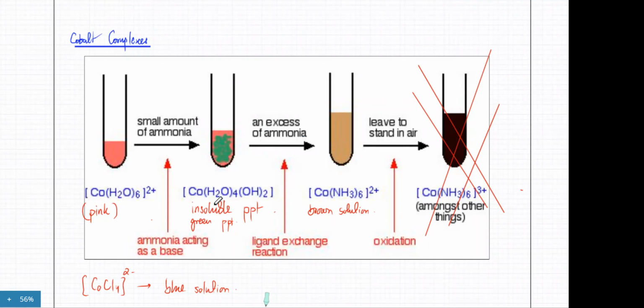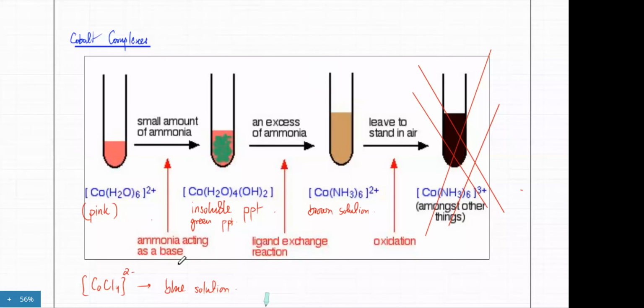For example, what happens if you have cobalt aqueous? That's your pink solution. You add OH ions, it forms a precipitate. You add more NH3, the precipitate dissolves, giving you a brown solution. You add Cl ions, you get CoCl4 2-, which is a blue solution.